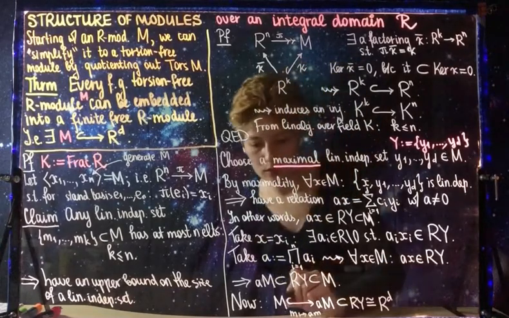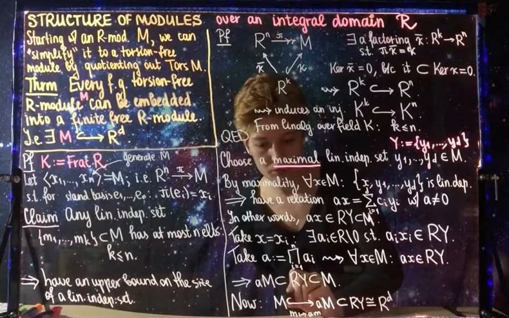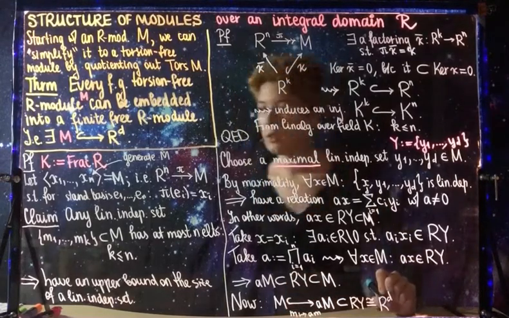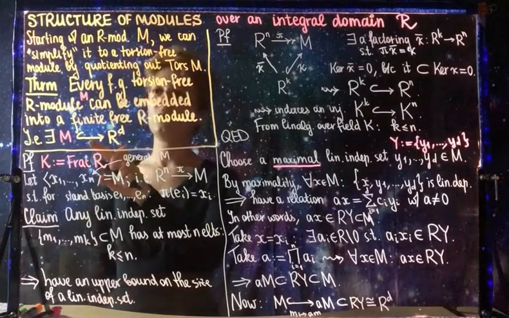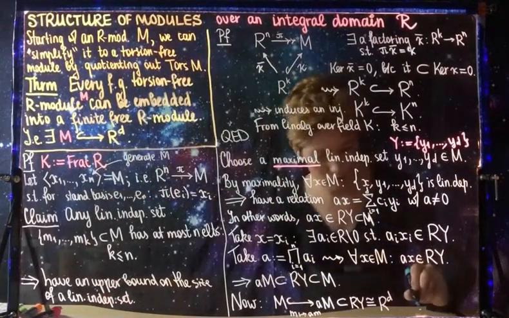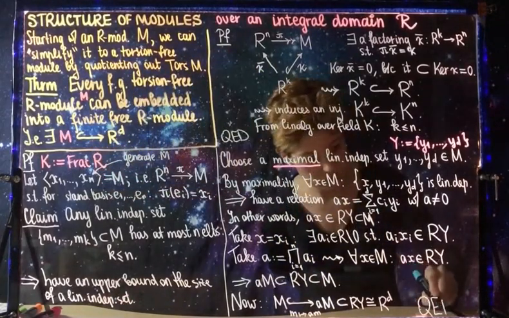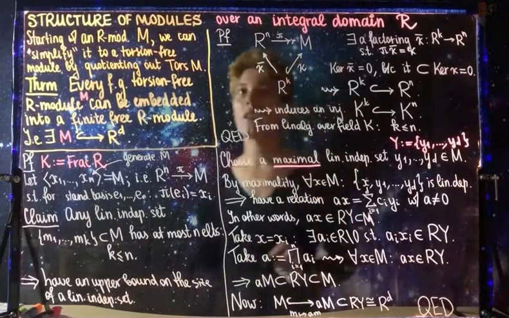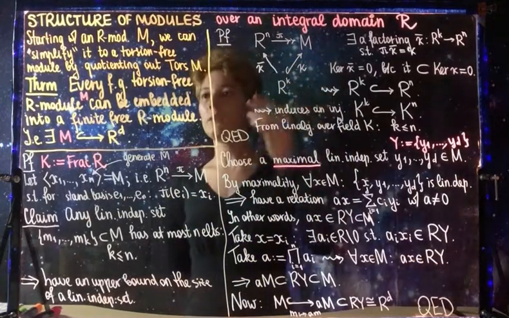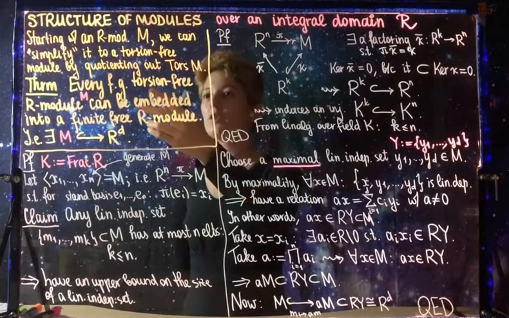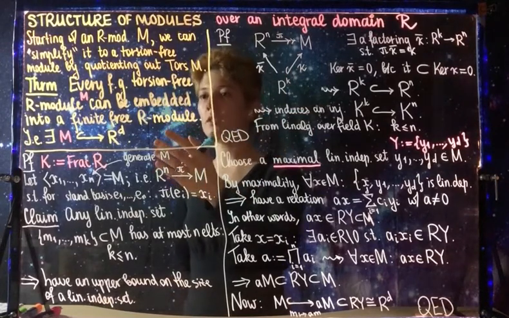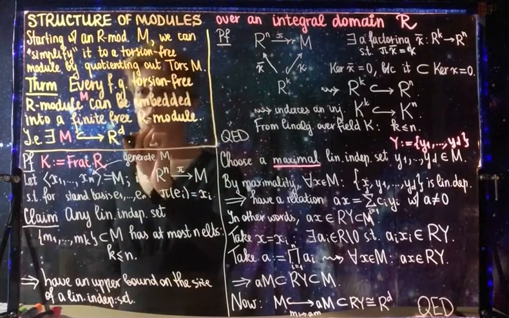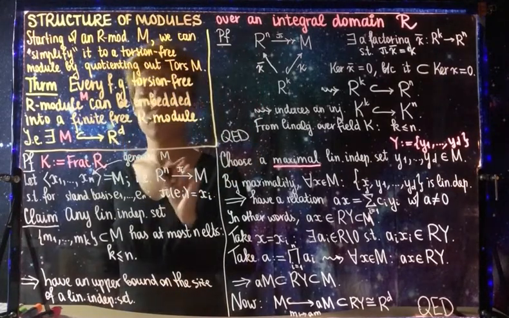And so we got an injection from M into R^d, just as we claimed that we would have. And so we see that over integral domains, every torsion-free finitely generated module is a submodule of a finite free module.